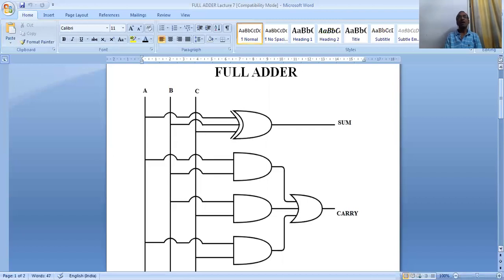All the outputs of the 3 AND gates are 0, 0, 0, so 0 plus 0 plus 0, output 0. That is, in the first case, sum equal to 0, carry equal to 0. Carry means in Marathi, Acha.